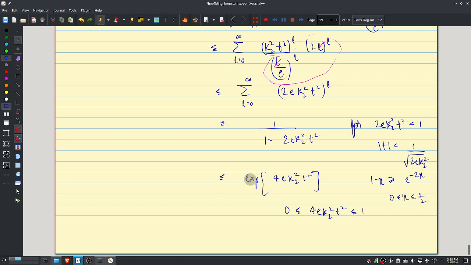Okay, so what the right hand side is, is just e raised to k3 square t square, and I can choose k3 square to be equal to 4e k2 square.